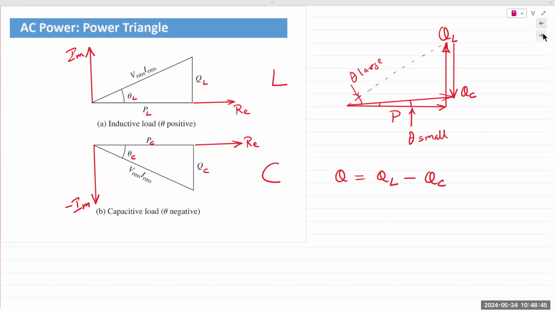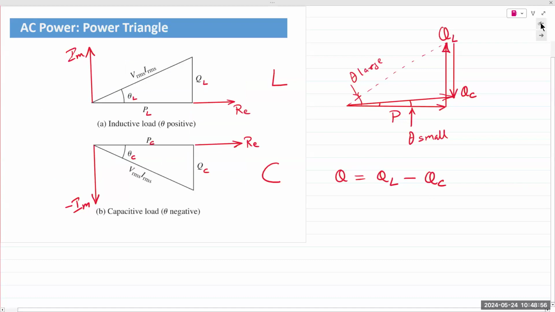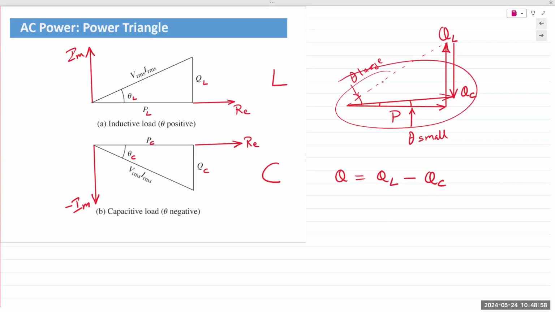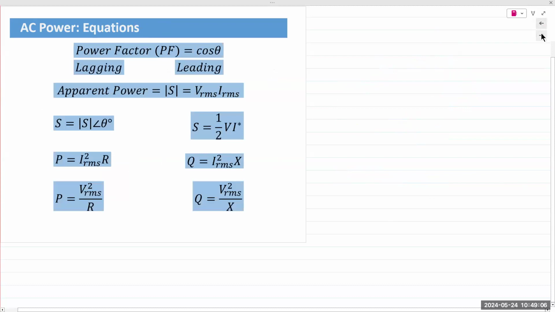So what is power factor? Mathematically, we describe it as the cosine of that power angle. Remember, right angle triangle. Cosine of theta means we want that angle to be as small as possible, so the cosine is as large as possible.